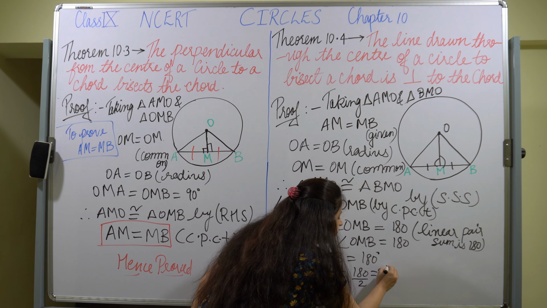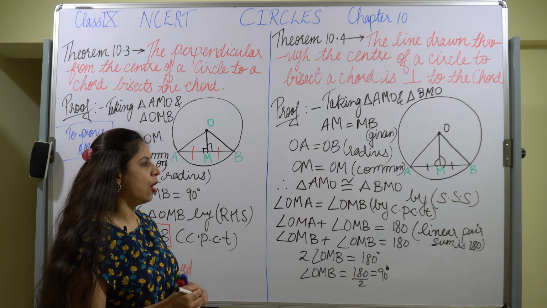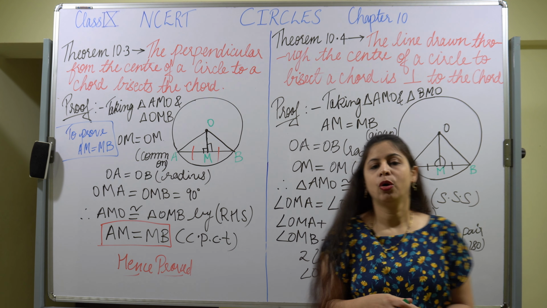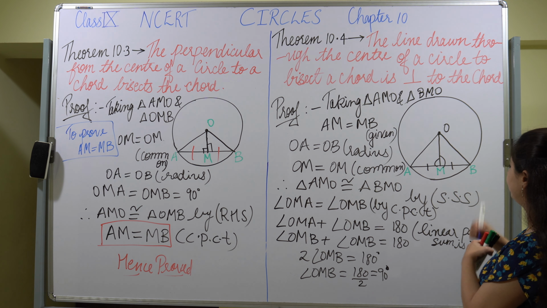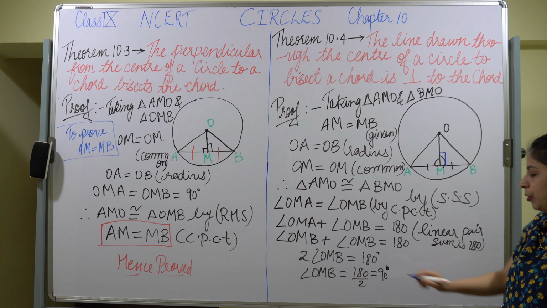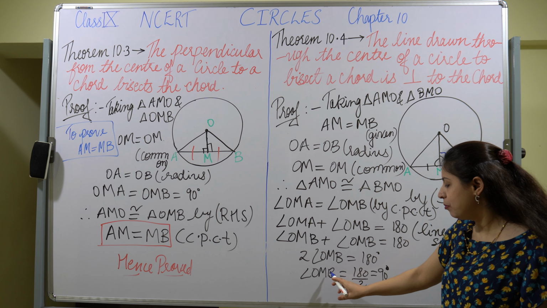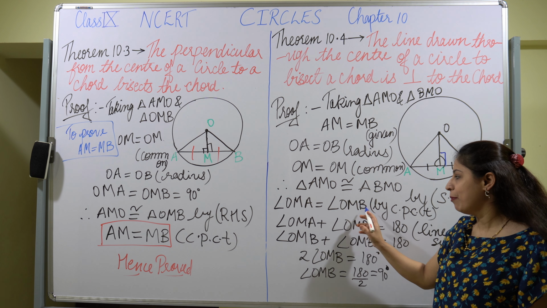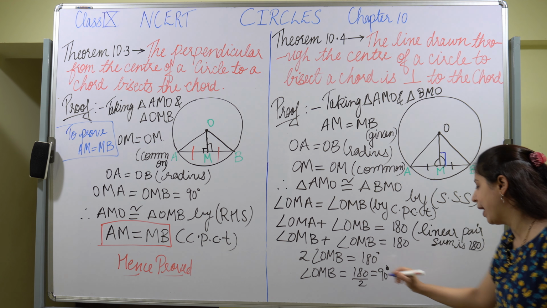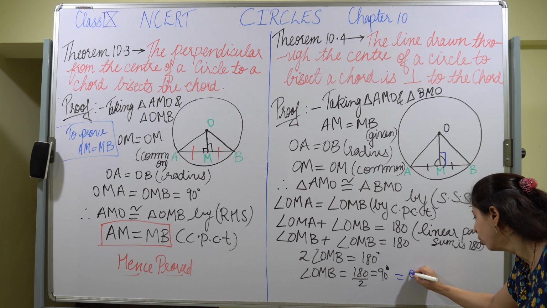Okay, so this is proved now. My angle OMB is 90 degrees. And when my angle OMB is 90 degrees, we have already proved above that OMB is equal to OMA. So I can easily say it is equal to OMA also.